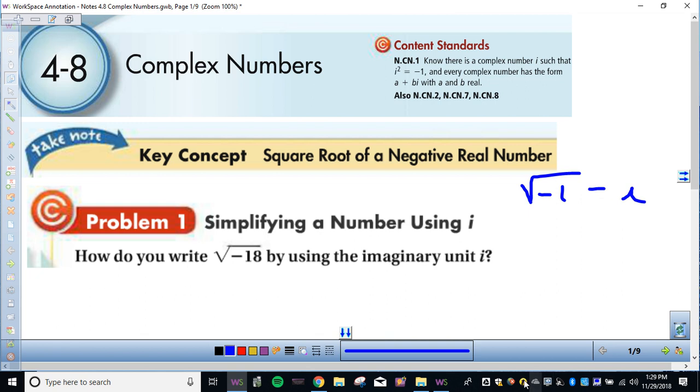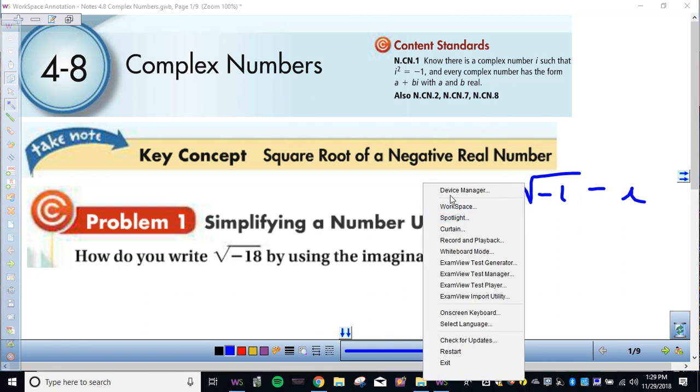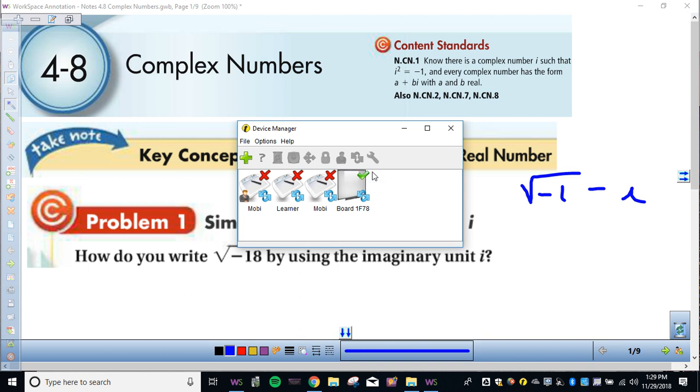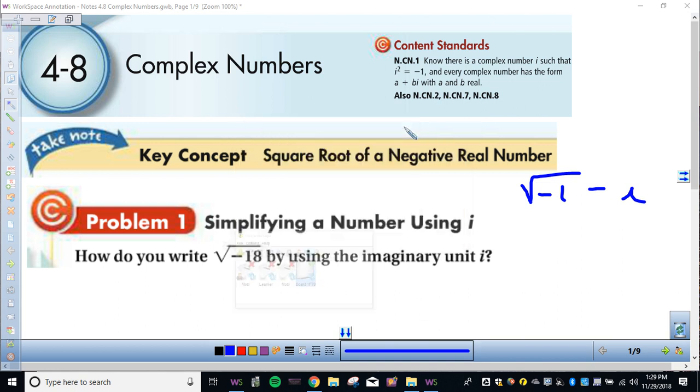Let's do this. So square root of negative 1 equals i. What you also need to remember is that i squared equals negative 1.